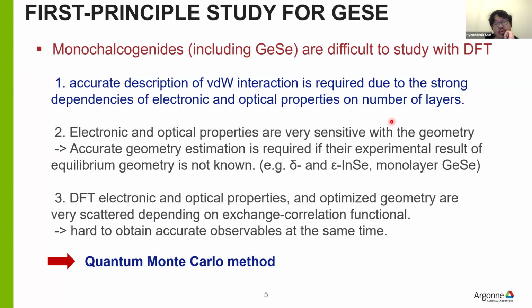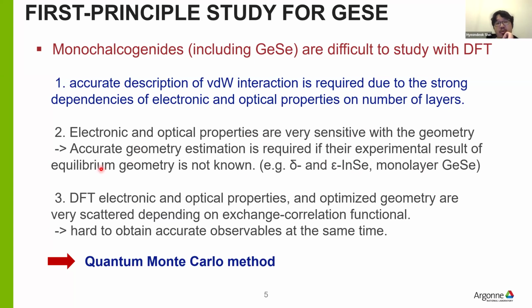It's fine if we know the experimental geometries for the given structures, but accurate geometry estimation is highly required if experimental results for the geometries are not known, such as for some pure polytypes of the monochalcogenide or its monolayer structures.